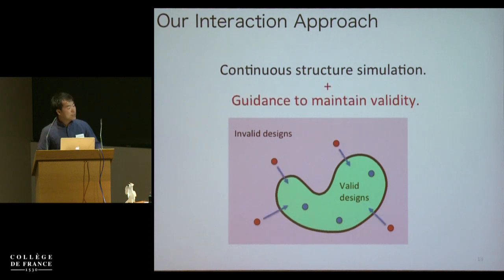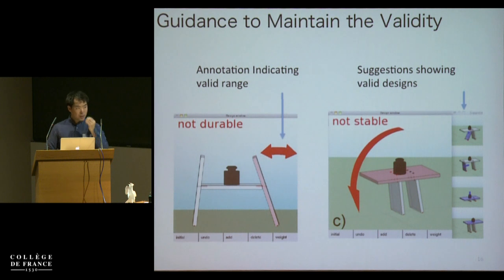If it ends up an invalid design, the user can get back quickly with guidance to maintain validity. In this system, the guidance shows a range of editing and also a suggestion if the design is invalidated.